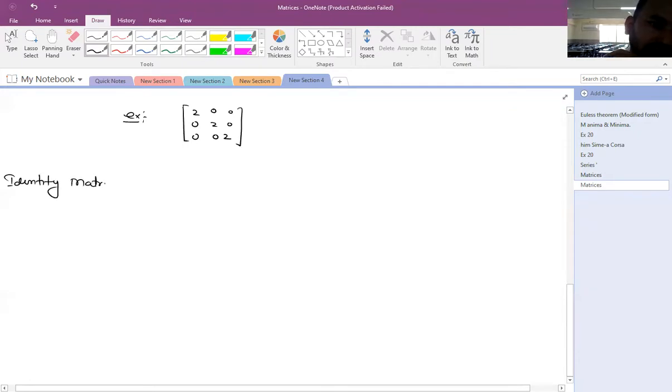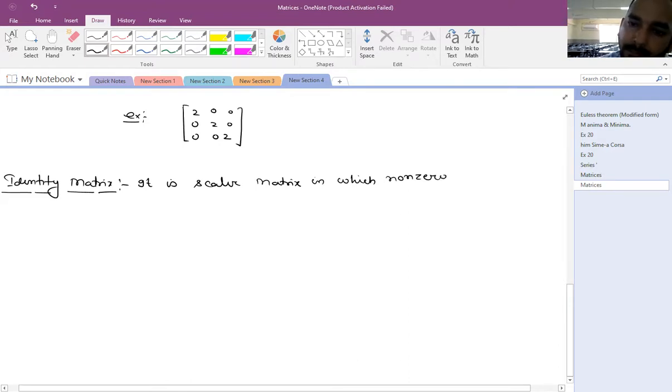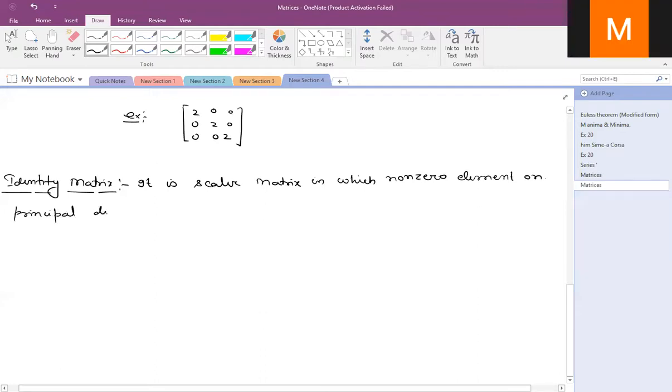Now identity matrix. Identity matrix is a scalar matrix in which the non-zero element on the principal diagonal is 1.